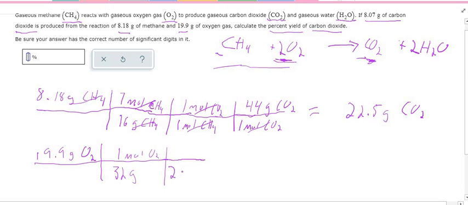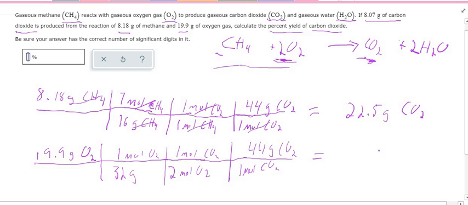So I write down 2 moles of oxygen will produce 1 mole of CO2. And again, I want to get that out to grams. I know that for every 1 mole of CO2, then there are 44 grams of CO2.